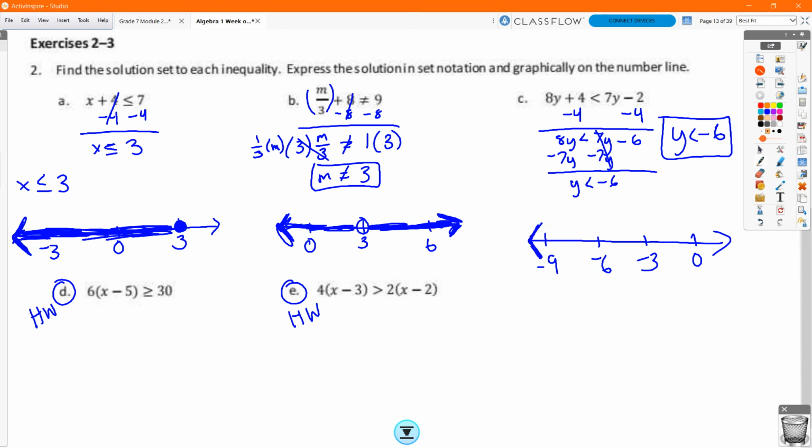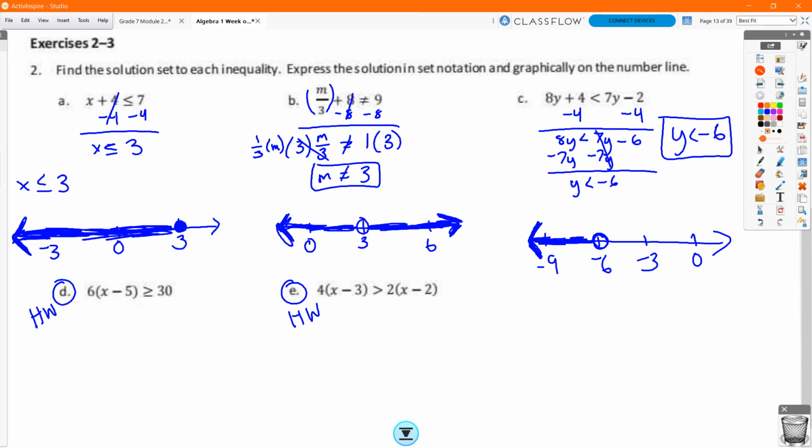That's less than. So any value going to the left will be less than a negative 6. But do we include negative 6? No, we don't. Open circle. So all values to the left of negative 6 satisfy y is less than a negative 6. All right, let's continue on.